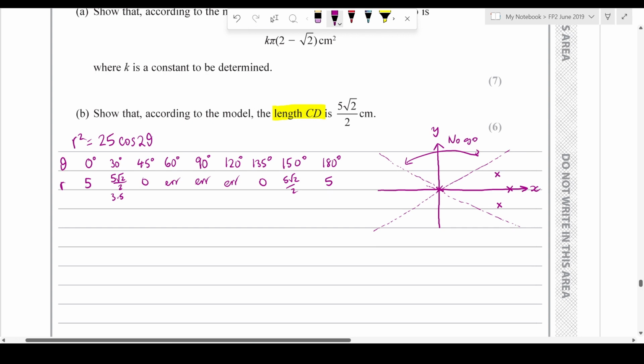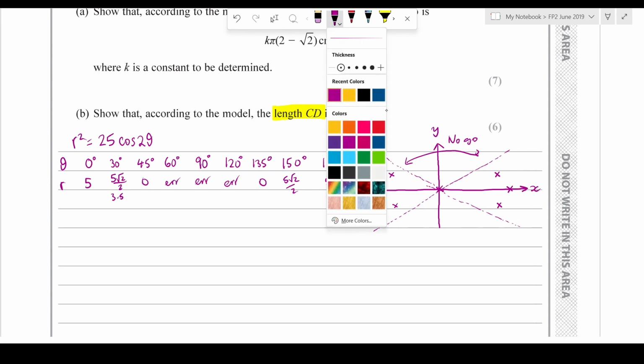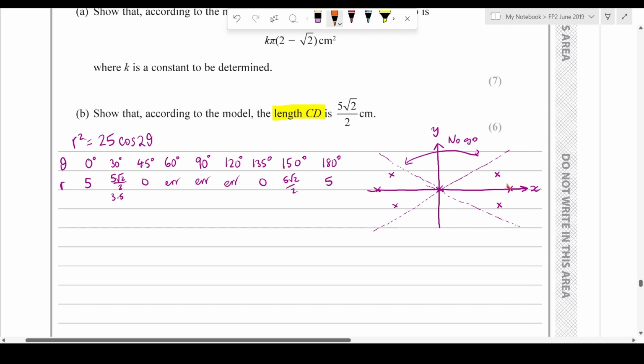Okay, and then 135 we've got 0, and then 150 we're getting that same value there, which means the same value here, and then we're reaching back out to 5. So in terms of a curve, we're starting here, going there, and then we're reaching out to 0, so it's got something like that.